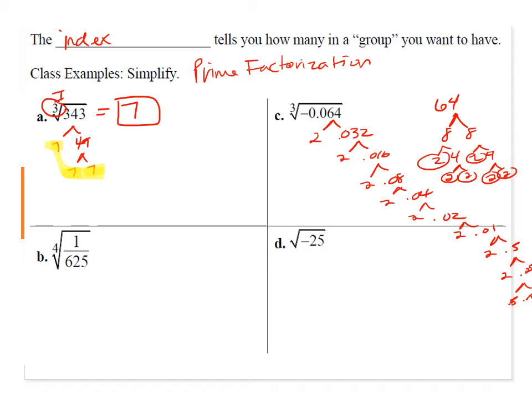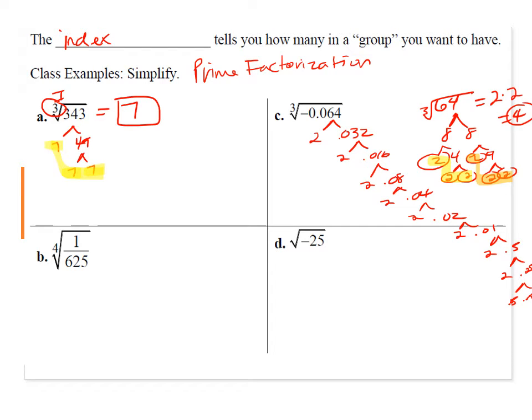So here, if this was the cube root of 64, I would have one group of 3s, and then here is another group of 3s. And so for every group of 3, they get to go out on a group date. So there's one group of 2s getting in a car, and there's another group of 2s, and so I multiply those and I get 4.